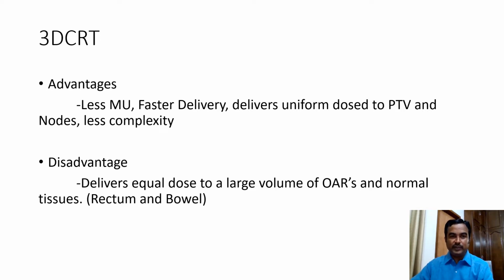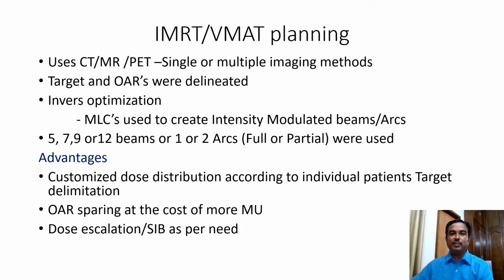To overcome this, IMRT has evolved. In the last 10-15 years, we have been practicing IMRT in most of the clinical sites in Asian countries. So in cervix also, we started practicing IMRT, and later we started VMAT also.